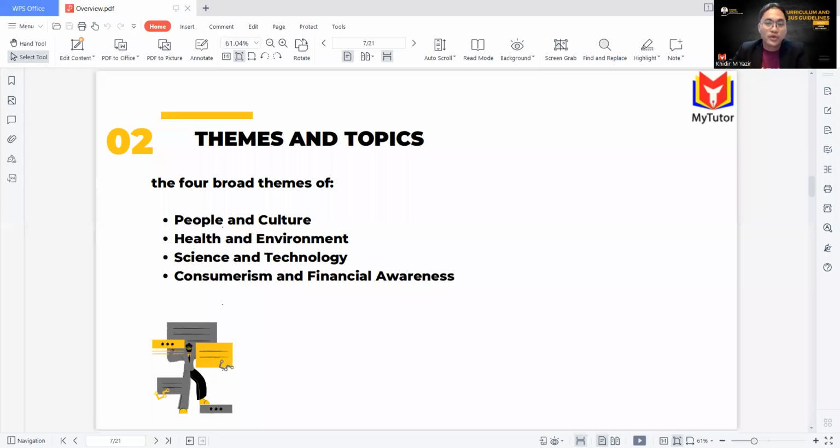Number 2, themes and topics. Okay, so the English language curriculum for Malaysian secondary schools emphasizes the importance of sustaining the use of the English language within and beyond the classroom. So the curriculum adopts an interdisciplinary approach, and this is reflected within the 4 broad themes of people and culture, health and environment, science and technology, consumerism, and financial awareness.